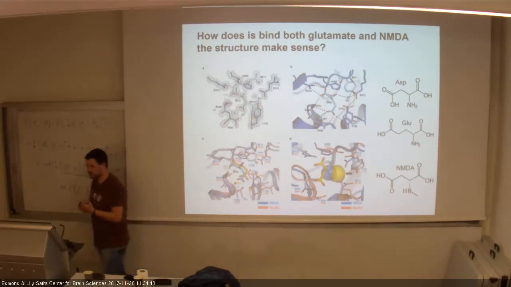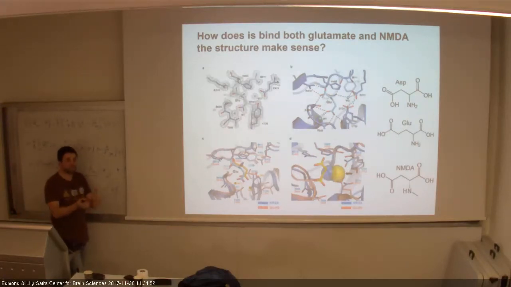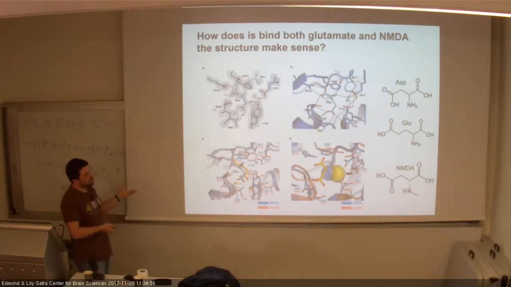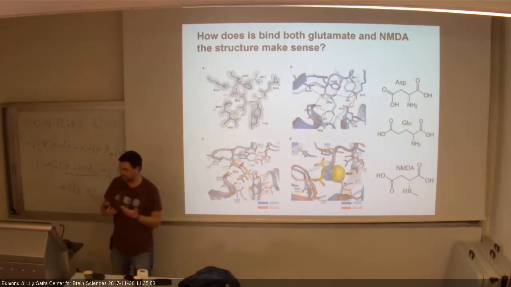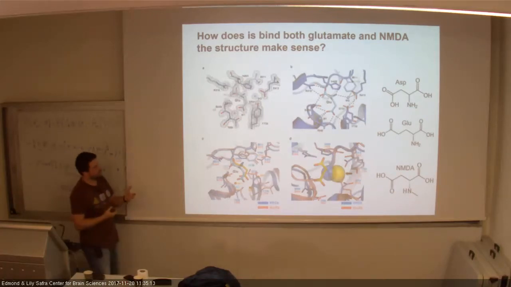This is one of the things that we always say, that enzymes and proteins are very specific to the type of molecule that they bind to. But in this case, we have NMDA and glutamate, which are pretty different from one another. They're similar in some ways, but different in a lot of other ways. So they settled the question of how exactly this binding occurs.